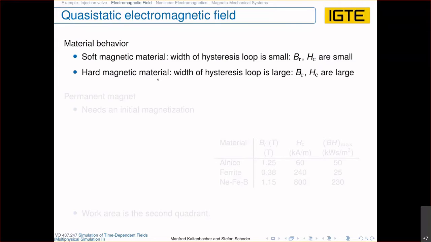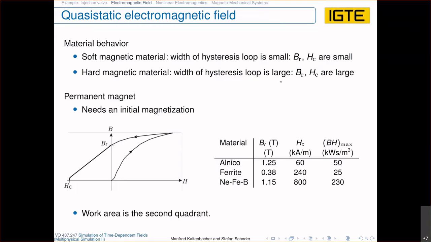These are the so-called permanent magnets, and for those, clearly you want a large remanent magnetic flux density and a large coercive field intensity, so that you can store a lot of energy in such a permanent magnet, which you then use for exciting your system.